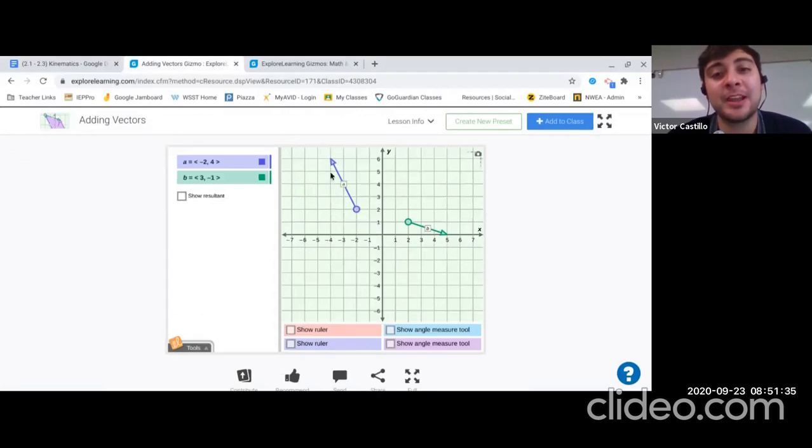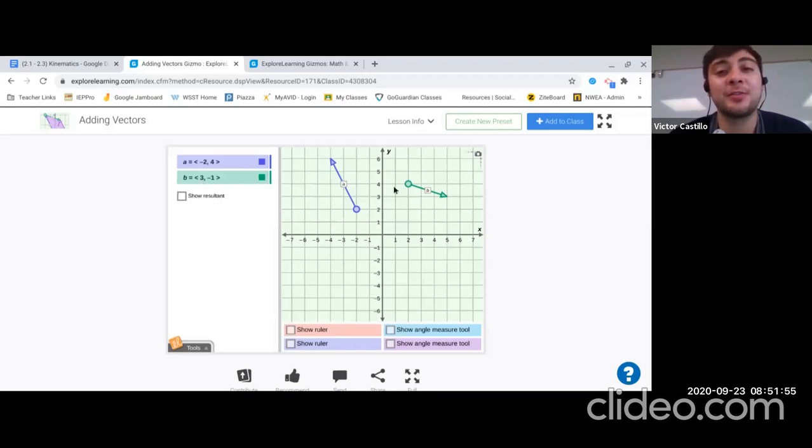If I move 2 to my left, that's the x-axis. If I move 4 to the top, that's the y-axis. The same thing with B. If I start at my origin point, I move 1, 2, 3 to my right, that's +3, and I move 1 down, that's -1. So my coordinates are 3, -1.